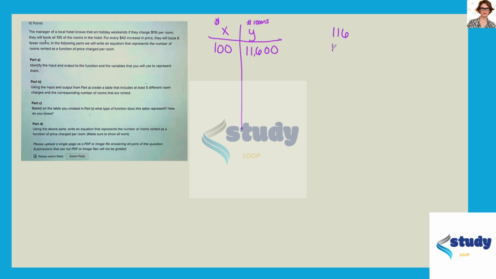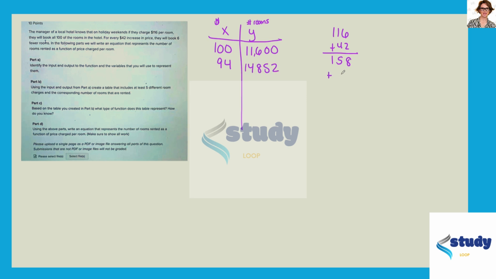So 116 plus 42, and that is going to be $158 per room. So they'll book 6 fewer rooms, so at 94 rooms, 94 times 158, and that's 14,852.